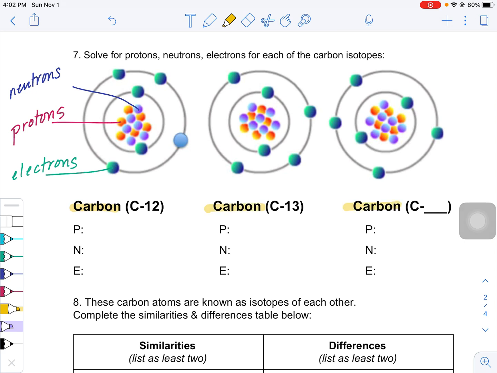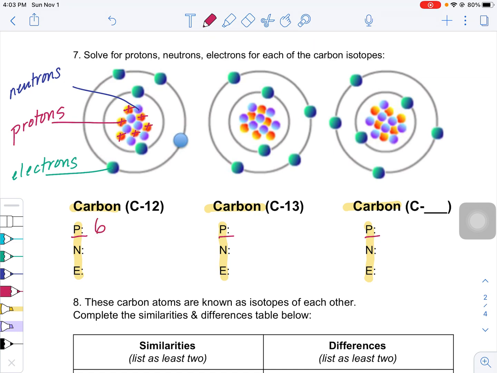So when I think about the amounts of protons, neutrons, and electrons, I should for sure have something consistent. And I know no matter what, every isotope, because it's the exact same element, will always have the same number of protons. So when I'm looking at my visuals, I've got 1, 2, 3, 4, 5, 6 protons here for carbon.